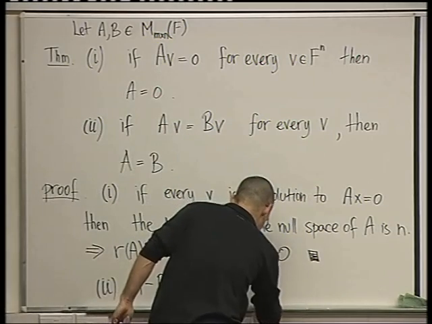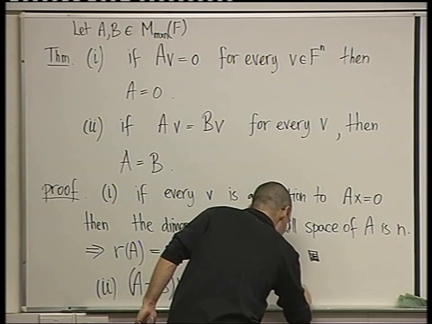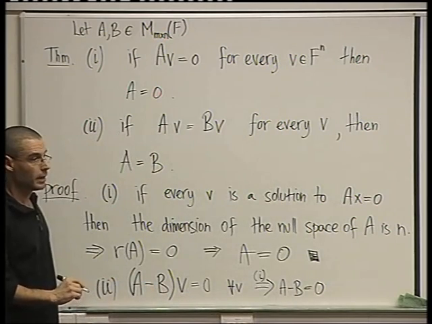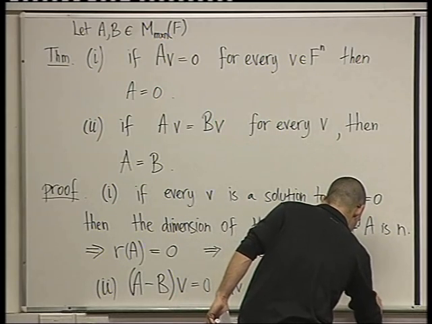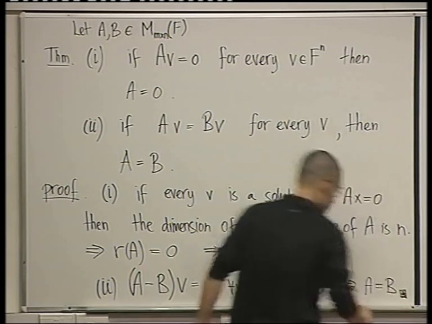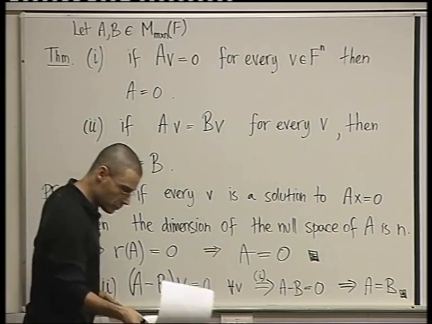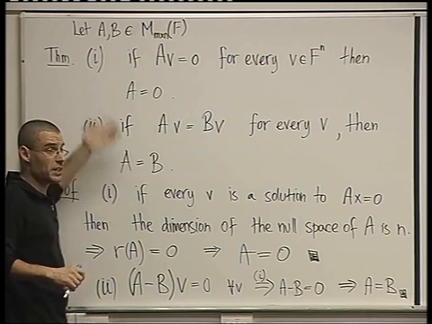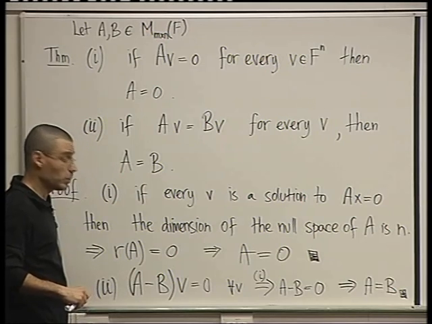So by part 1, A minus B is the 0 matrix. And A minus B can be the 0 matrix if and only if A equals B. Good? Okay. So these two results are kind of little technical observations, but we're going to see their usefulness in things that will follow.